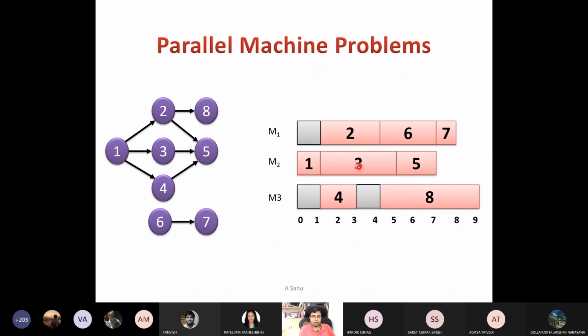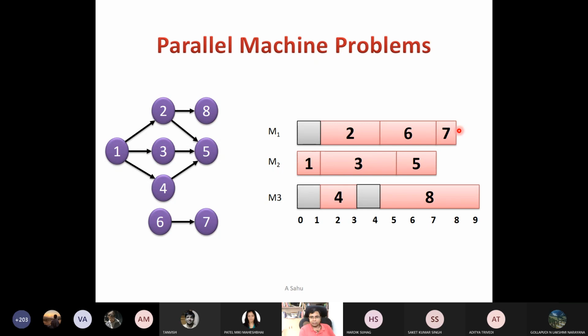After execution of 1, then only 2, 3, 4 get scheduled. After 2, 3, and 4 get executed, 5 gets scheduled, and after execution of 6, 7 gets scheduled. After execution of 2, 8 gets scheduled.